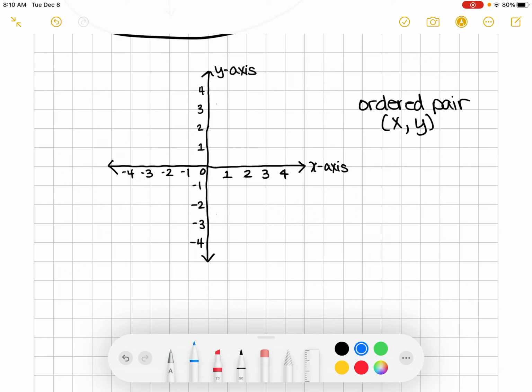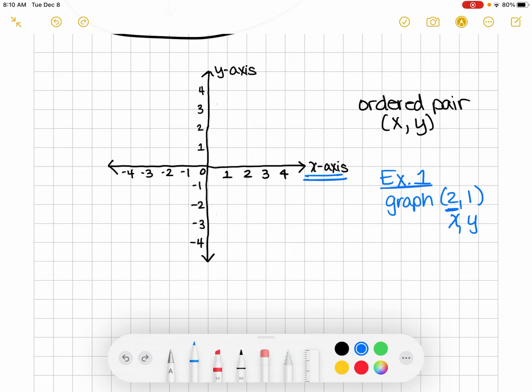I'm going to change to blue. Example 1. We're going to graph (2, 1). When I'm graphing (2, 1), the 2 is going to be my X and the 1 is my Y. So I'm going to go across on the X-axis, over to 2. See the 2 right here?